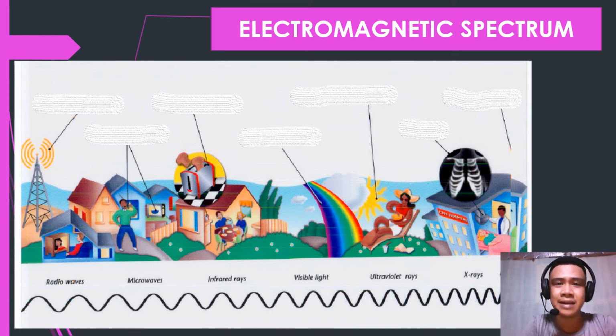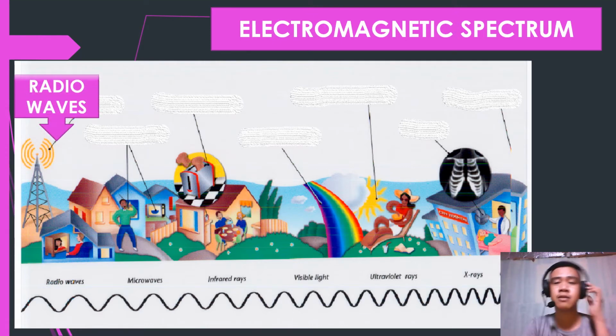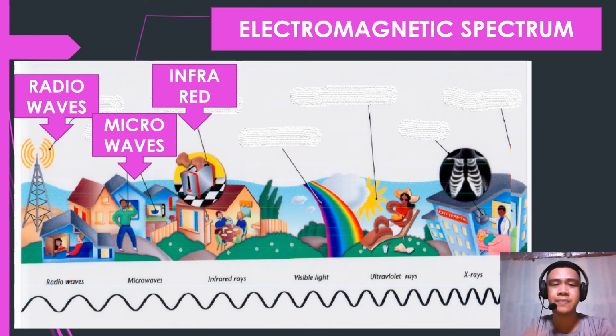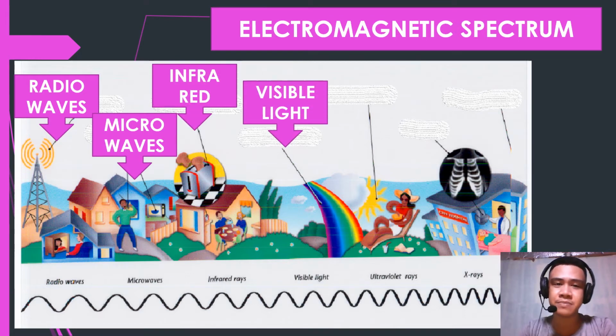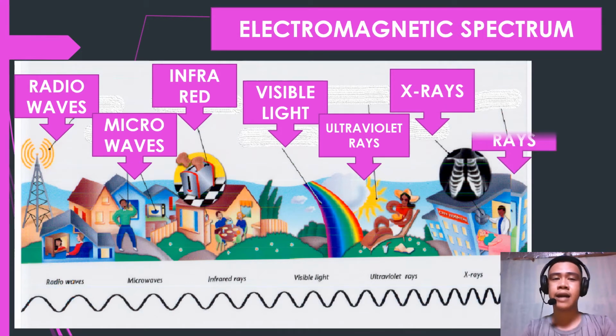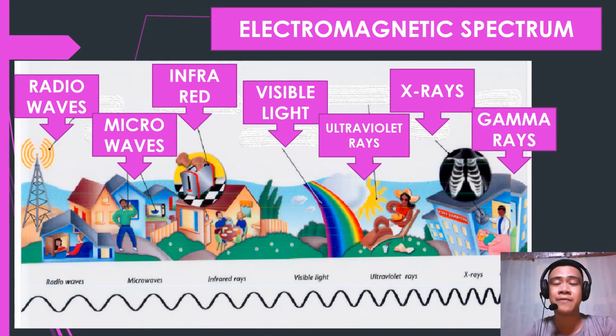This is known as the electromagnetic spectrum. Examples of electromagnetic waves within the electromagnetic spectrum are radio waves, microwaves, infrared, visible light, ultraviolet rays, X-rays, and gamma rays.